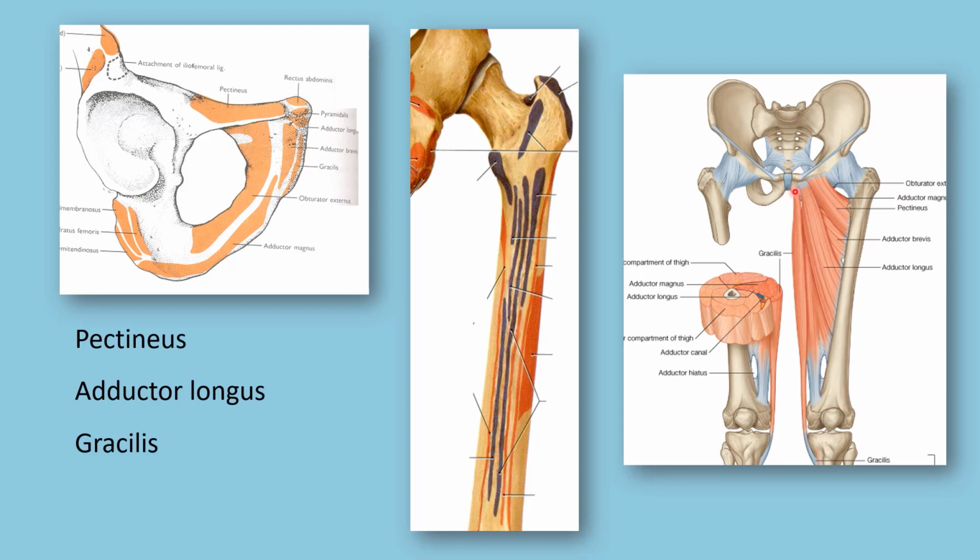Pectineus takes origin from here, the upper part of the pubic bone, and this line very near to the pubic symphysis is the origin for gracilis. In between these two, this pointed area shows adductor longus. Adductor longus takes origin in a pointed area. It is tendinous in origin. So these are the superficial muscles and their origins.